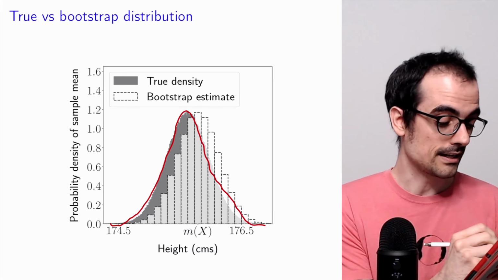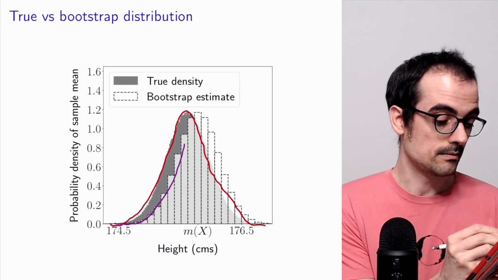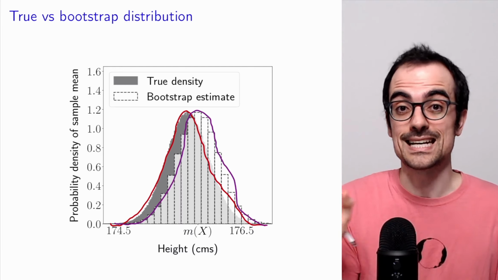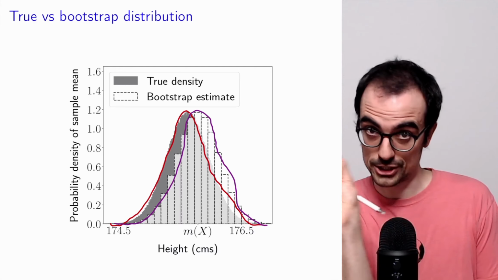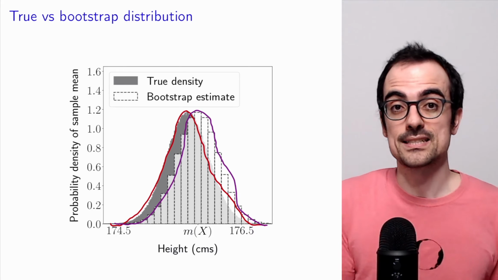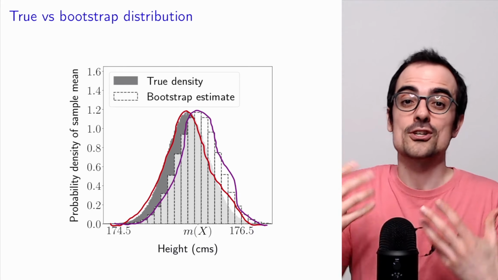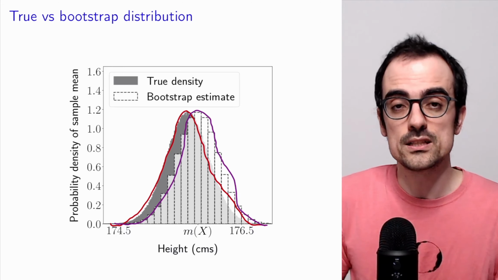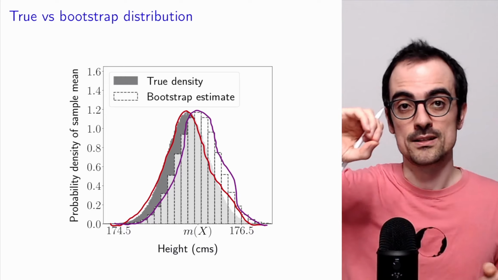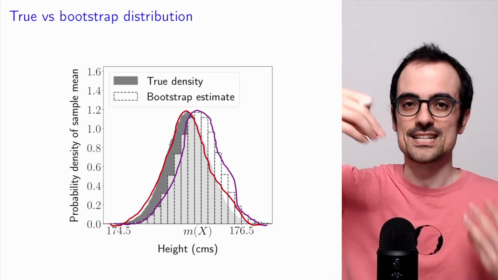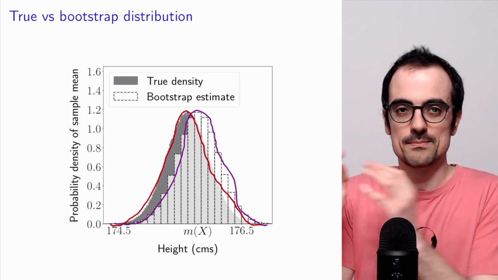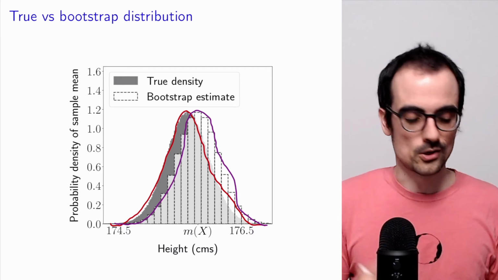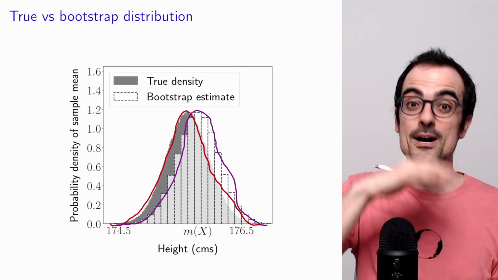And the bootstrap distribution of the sample mean is centered at the sample mean of the sample, so it's shifted because of that, but its standard deviation is approximately equal to the standard deviation of the true density, because its variance is essentially the sample variance divided by n, which approximates the true population variance divided by n as we go to infinity. Hopefully that is clear. And both of them are approximately Gaussian.